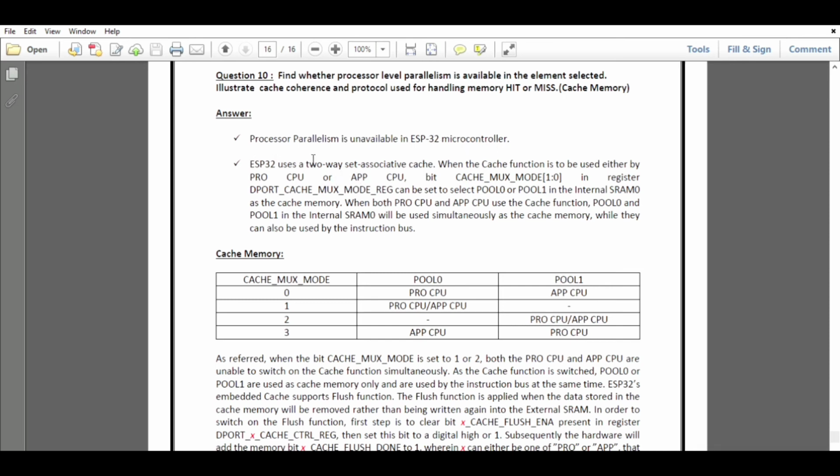Here ESP32 uses a two-way set associative cache when the cache function is used by either Pro CPU or App CPU. Here when both Pro CPU and App CPU use the cache function, at that time SRAM 0 will be used simultaneously as cache memory, while it can also be used by the instruction bus.